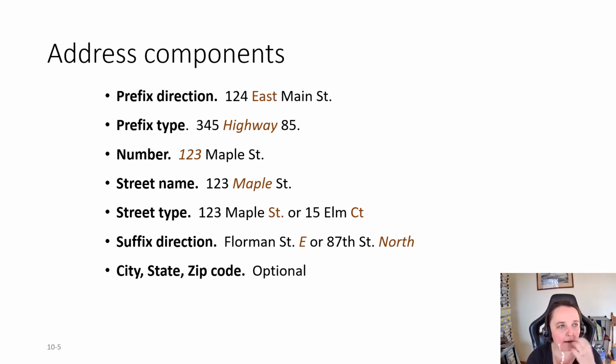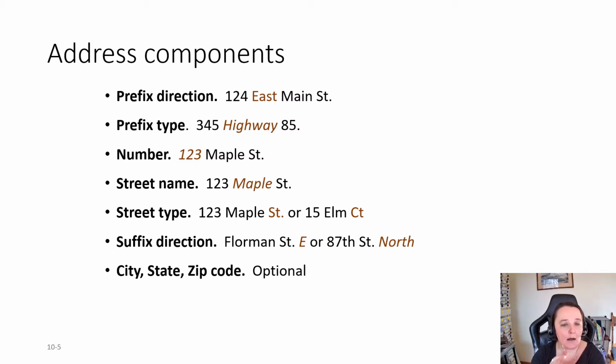If you think about a street address, it has a lot of different components that are totally understandable to us since we're familiar with them, but there are a lot of different pieces for the computer to sort through. For example, you might have a prefix direction, like East Main Street and West Main Street. You might have something that tells whether it's a highway or not.